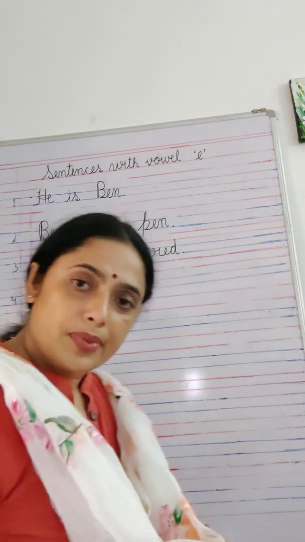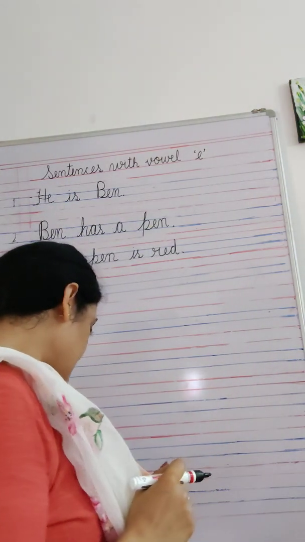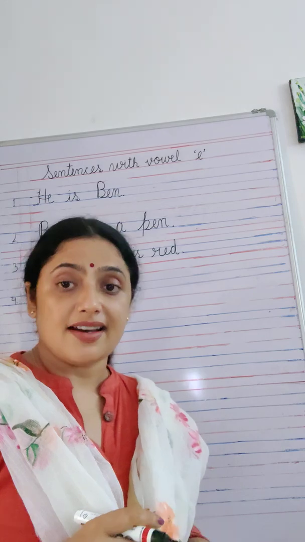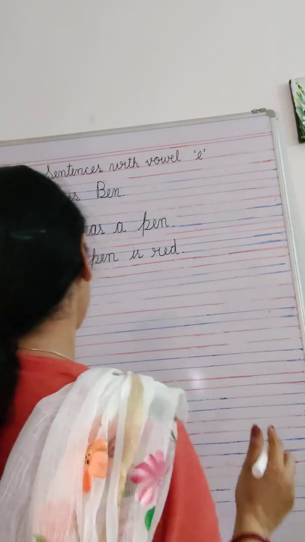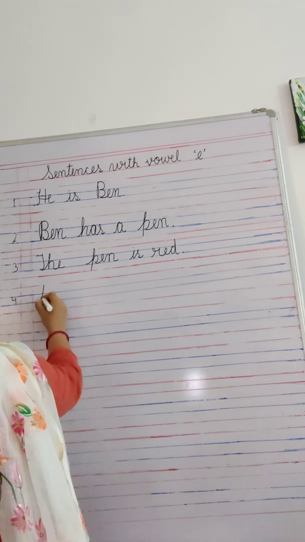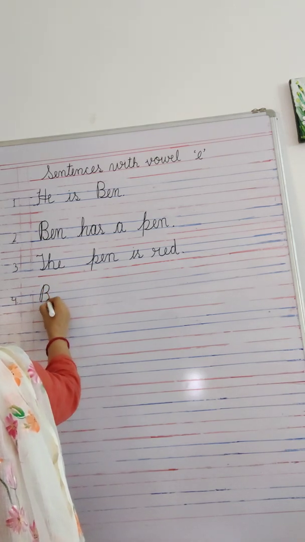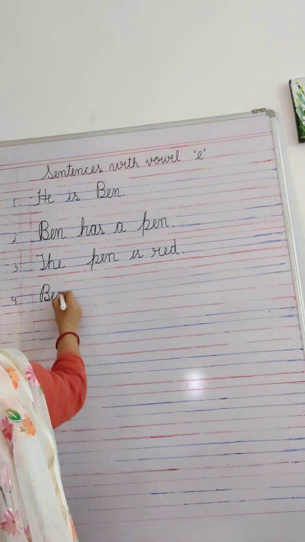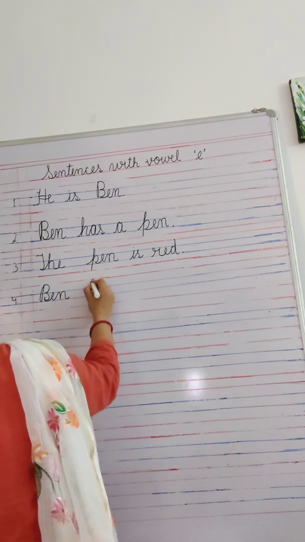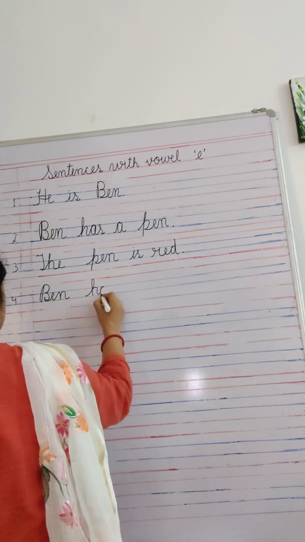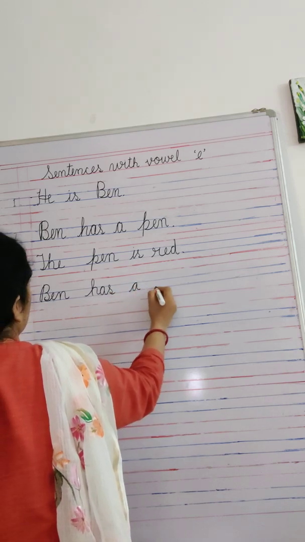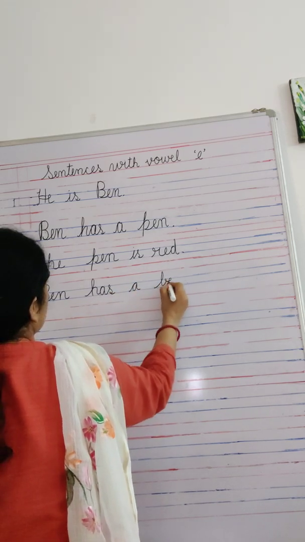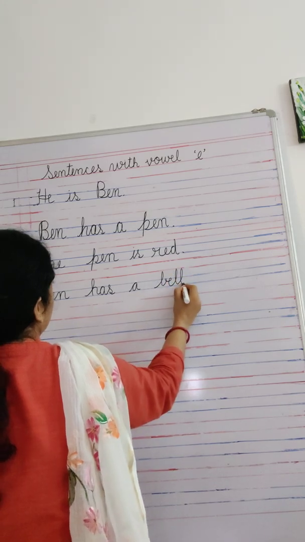Now the fourth sentence is Ben has a bell. Ben has a bell.